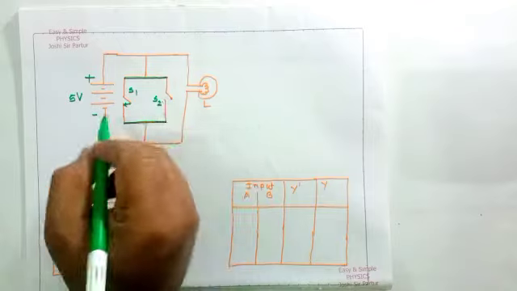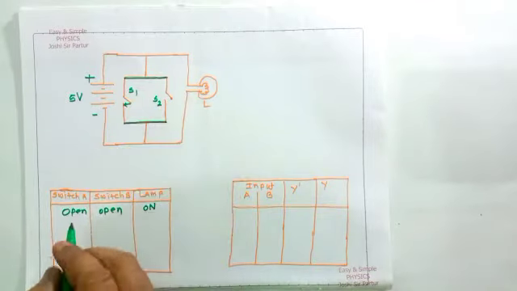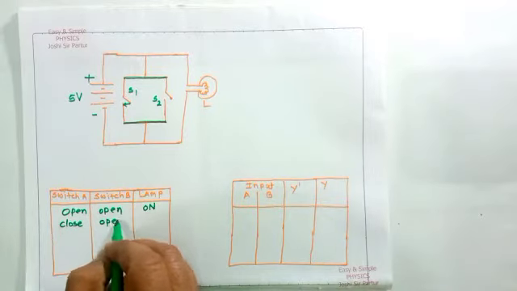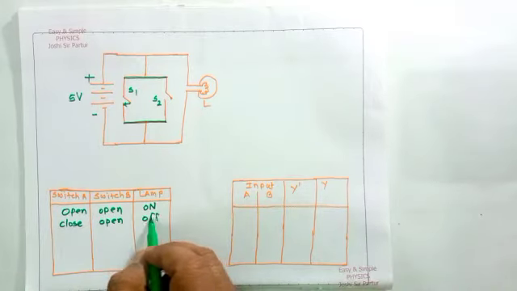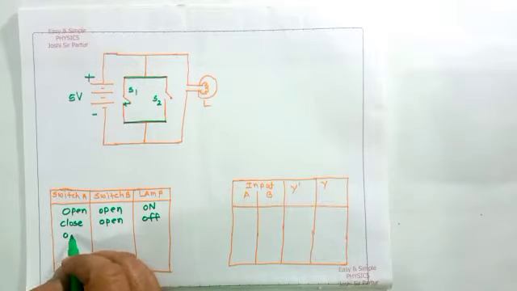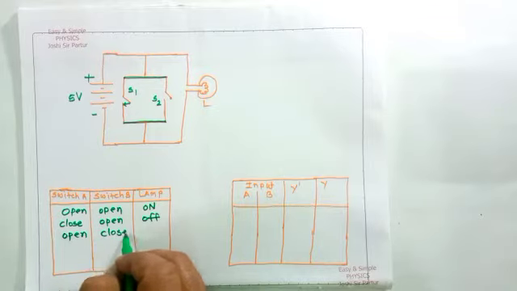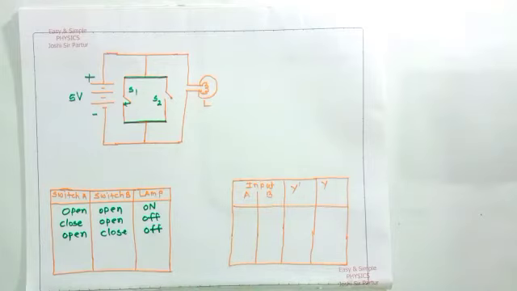But when one switch is closed and the other switch is open, the lamp will not glow, so off mode is there. When switch A is open and switch B is closed, the lamp does not glow and it shows off mode.